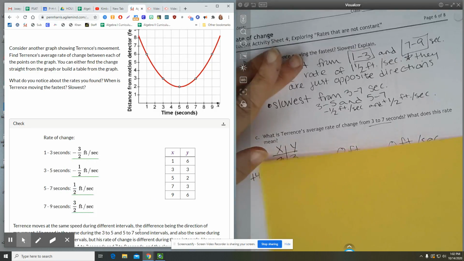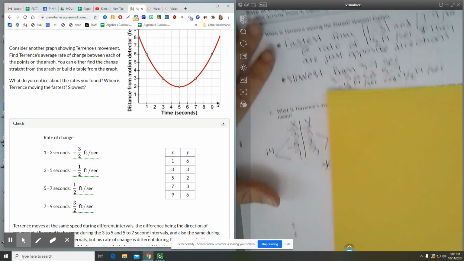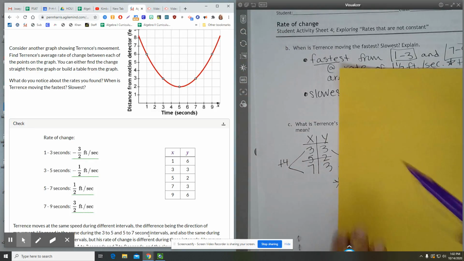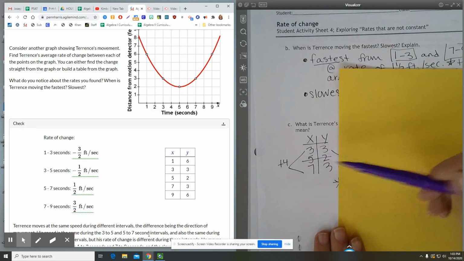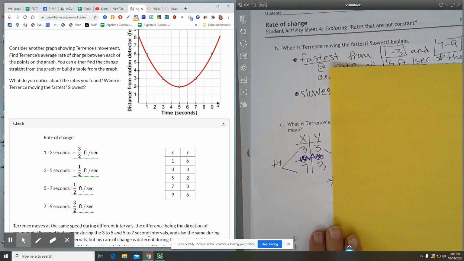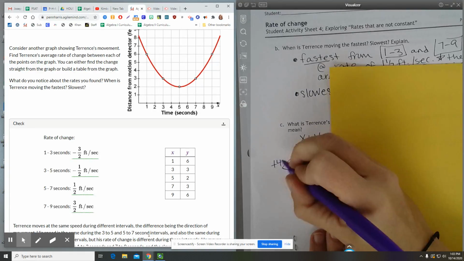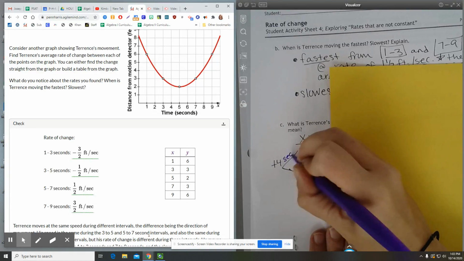Okay, the next question they want to ask us, what is the rate of change from 3 to 7 seconds? So what this means is I'm going to come over to my table and write down the points again. I am going to not worry about this 5 to 2. So from 3 to 7, that was a difference of 4 seconds.